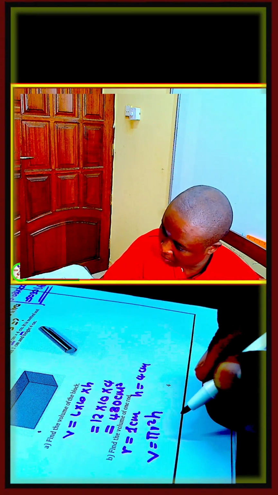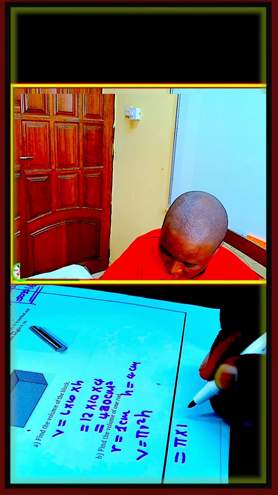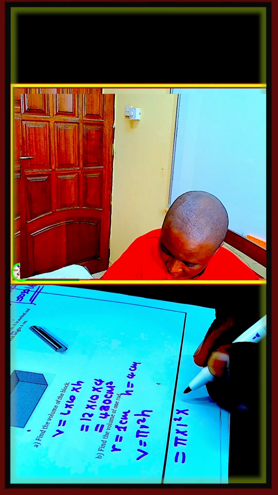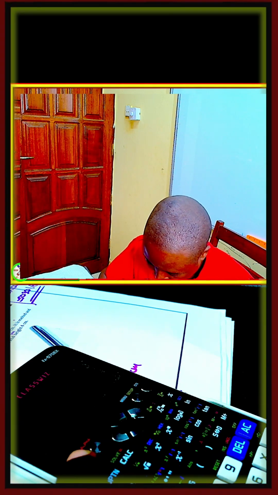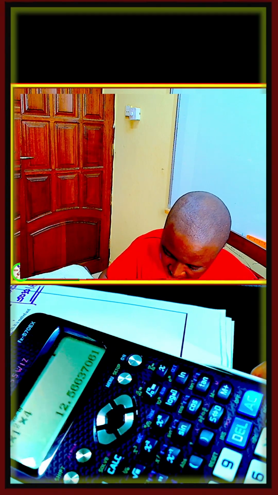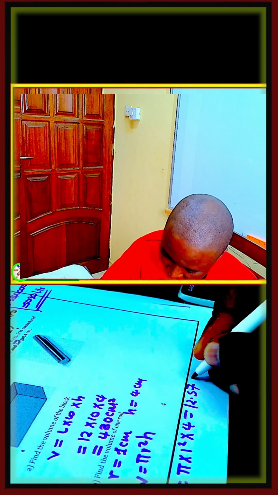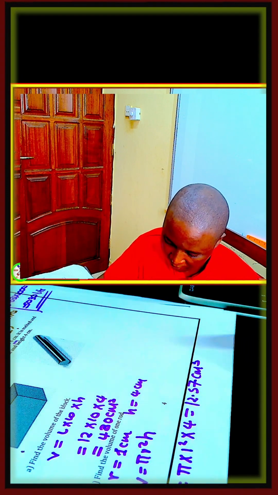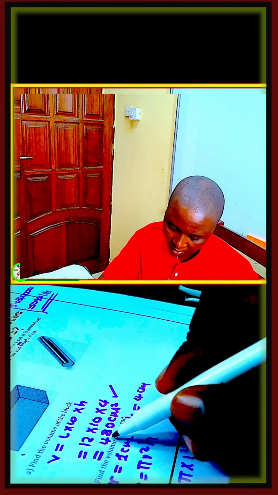This is pi times the radius 1 squared times the height, which is 4. If we work it out, pi times 1 squared times 4 translates to 12.57 centimeter cubic. The volume of the cuboid is 480. Let's look at the next question that was asked there.